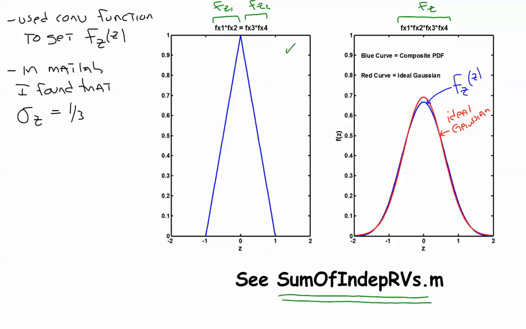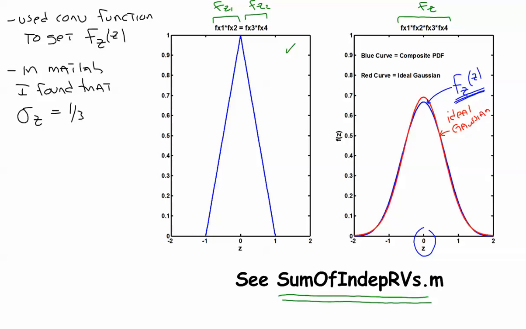A few lectures back, I showed you how to write some MATLAB code to find the standard deviation for probability density functions that you were modeling numerically. So I found in MATLAB that the standard deviation for this guy is a third. And you'll notice over here that it's always zero mean.